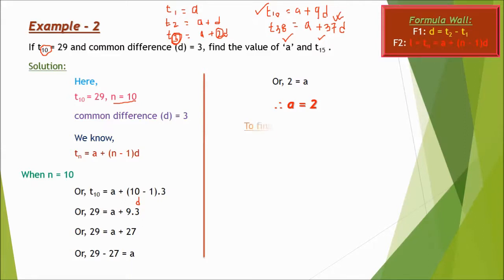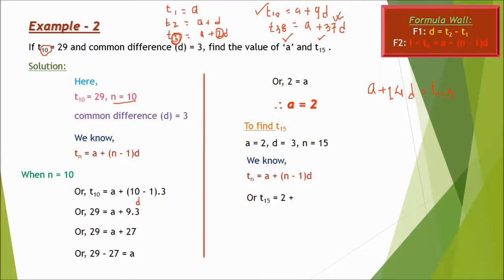Now we have to find t15. To find t15, we have a equal to 2, d equal to 3, and n equal to 15. We can guess t15 is a plus 14d, isn't it? If you know, then you can write it directly also. We know tn is the general term formula.